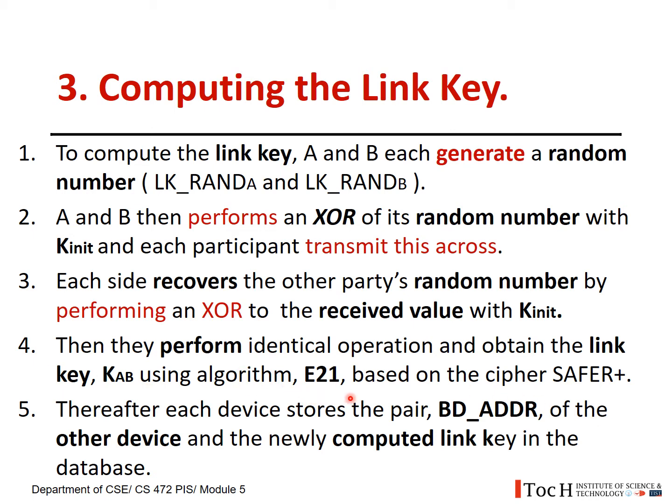It is computed using the identical algorithm E21 on both sides of the communicating parties. It is also based on SAFER+, a block cipher method. After computing the link key, each device stores the pair, the Bluetooth device address of the other device and the newly computed link key, in its database for further and future use.